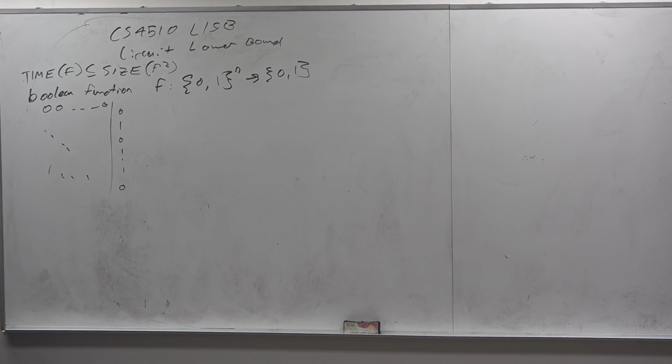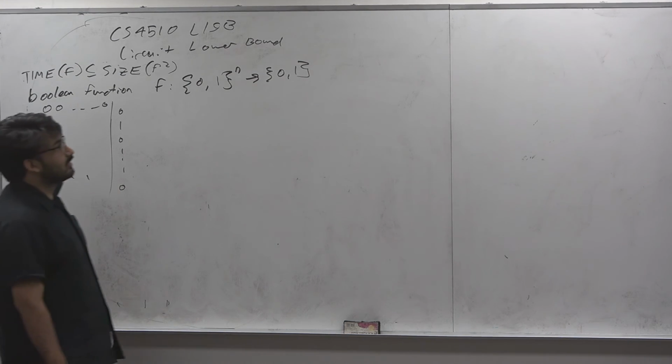How many truth tables are there? How many strings can go here? Yeah, this is almost just a guess, but n to the 2n? Close.